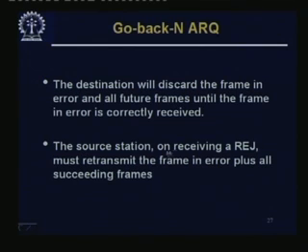So, the source station on receiving a REJ, that is a reject, must retransmit that particular frame which went in an erroneous form, plus all succeeding frames. Okay, that is the Go-Back-N, all succeeding frames.